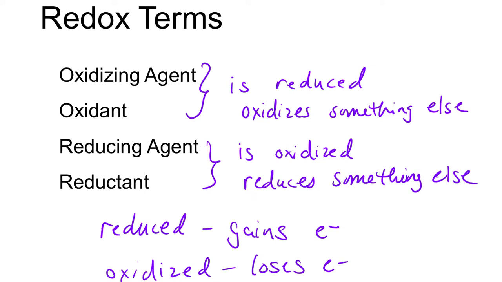There are usually some fun ways of remembering this. Oil Rig is one. Oxidation is loss of electrons. Reduction is gain. What are some others people have? Leo the lion says Ger. Loss of electrons is oxidation, that's Leo. Ger, gain of electrons is reduction. Okay.